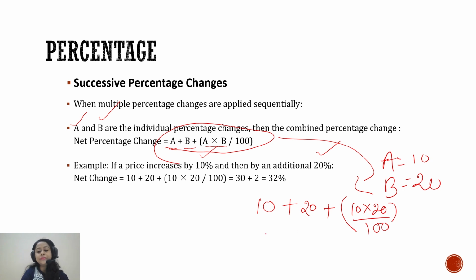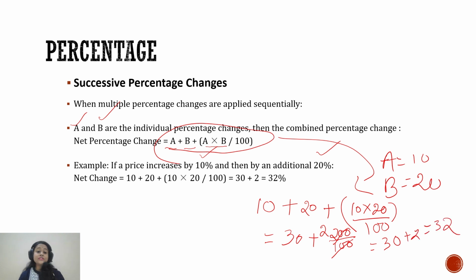So let us see. 10 plus 20 is 30, and then we will perform the function in the bracket. 10 into 20 is 200 by 100. If I divide 200 by 100, I am left with 2. So it is 30 plus 2, which is 32.